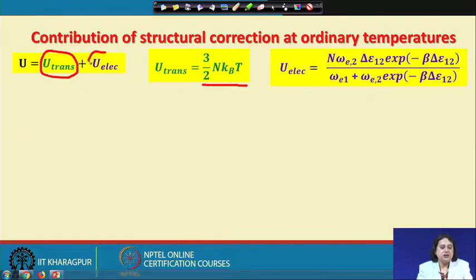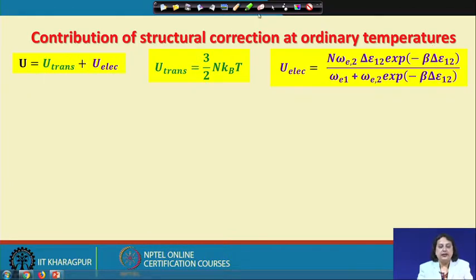And the correction term, because of the underlying microscopic structure of the atom, is also given by this expression, and this is dependent on the temperature and the microscopic energy states of the electronic energy levels of the system.